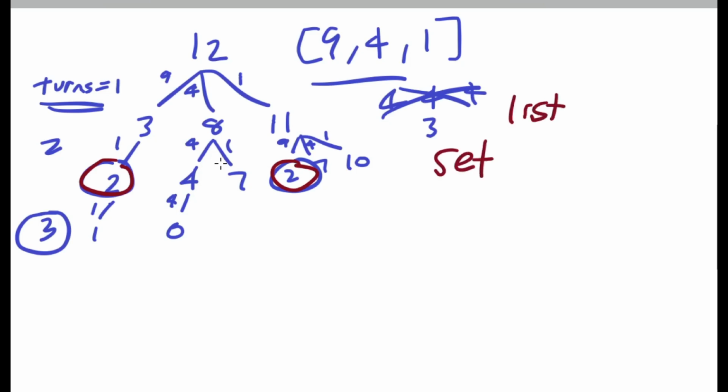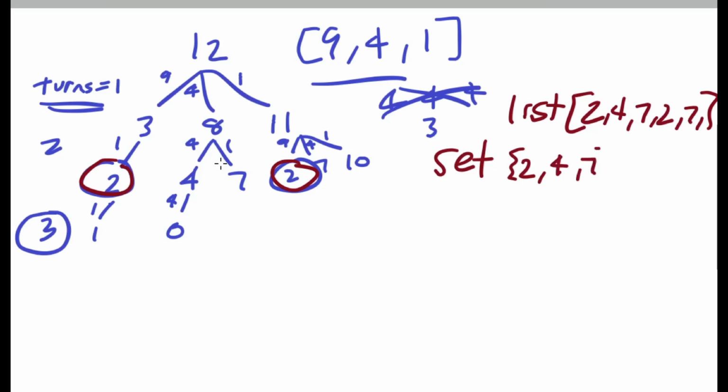If a list has 2, 4, 7, 2, 7, and 10, the set version of that looks like this. Only need to express the numbers once.